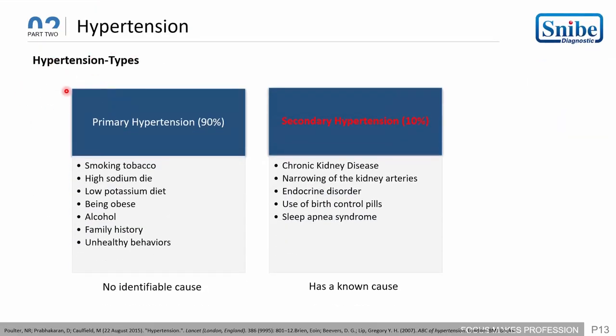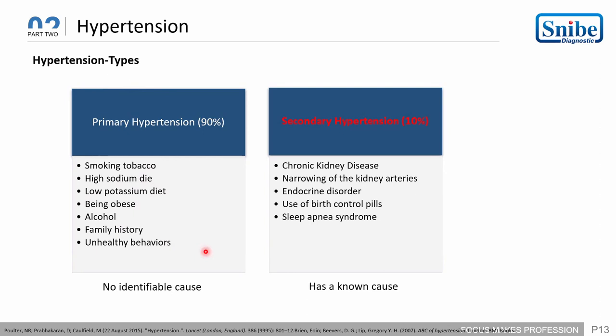If we talk about hypertension types, there are two major types. The first type is primary hypertension, which is 90%. Secondary hypertension is 10%. Smoking tobacco, high sodium diet, low potassium diet, obesity, alcohol utilization, family history, and unhealthy behaviors may lead to primary hypertension.